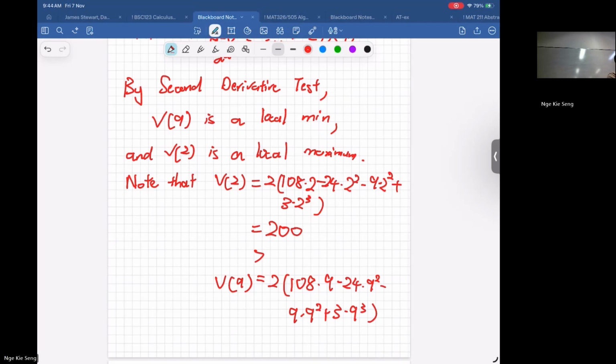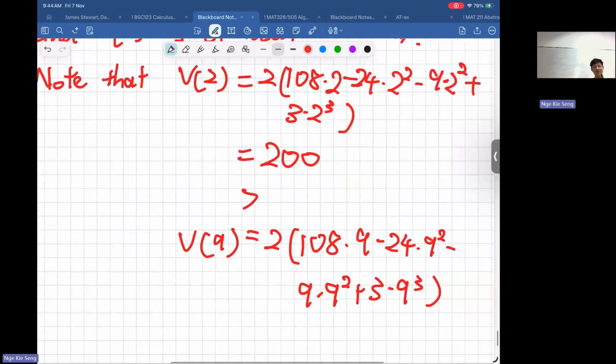Press your calculator, or your computer. Anyone got V(9)? What do you get? Minus 486. Okay.